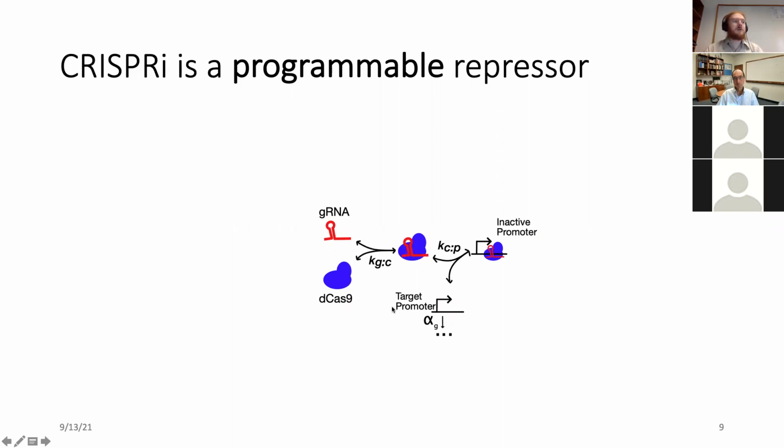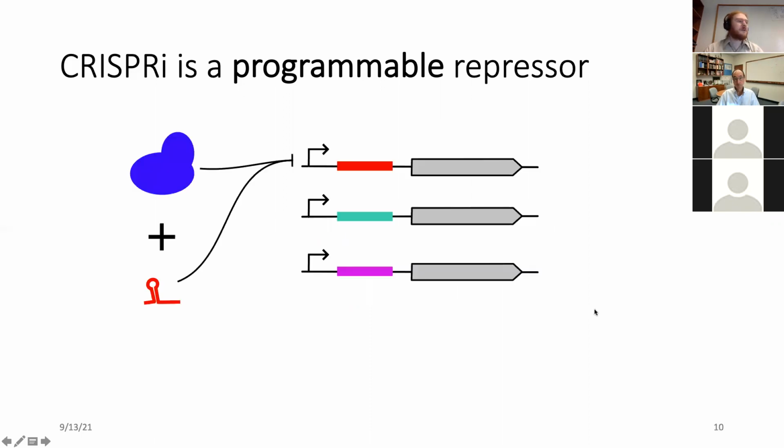It will take a promoter that normally would transcribe, it will bind to it, and it will inactivate it. And importantly, guide RNAs, of course, are produced, much like any other RNA species, off of promoters, so they can be targets. So this effectively gives you a way to repress guide RNAs with other guide RNAs. So again, CRISPRi is a programmable repressor.